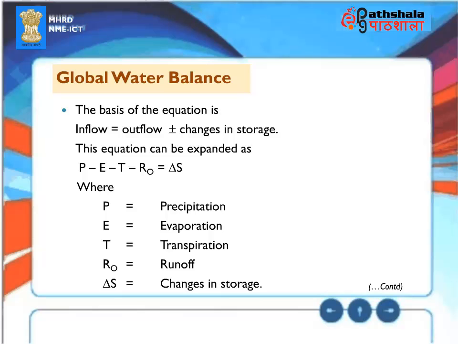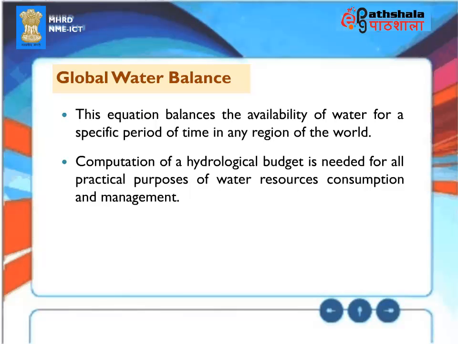This equation can be expanded as P minus E minus T minus RO equals delta S, where P equals precipitation, E equals evaporation, T equals transpiration, RO equals runoff, and delta S equals changes in storage. This equation balances the availability of water for a specific period of time in any region of the world. Computation of a hydrological budget is needed for all practical purposes of water resources consumption and management.